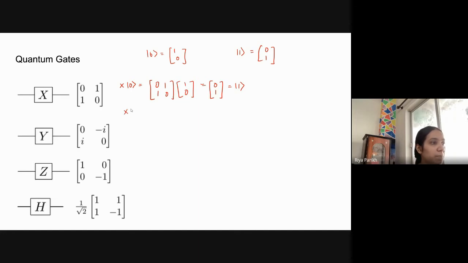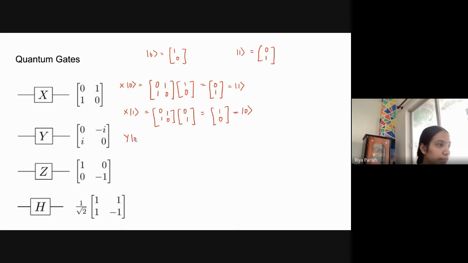Now what happens if you apply the X gate to state 1? We write the X matrix, then the state 1 matrix. After matrix multiplication, we have state 0. So as you can see, the X gate caused the bit flip. Let us apply the Y gate to both state 1 and 0.